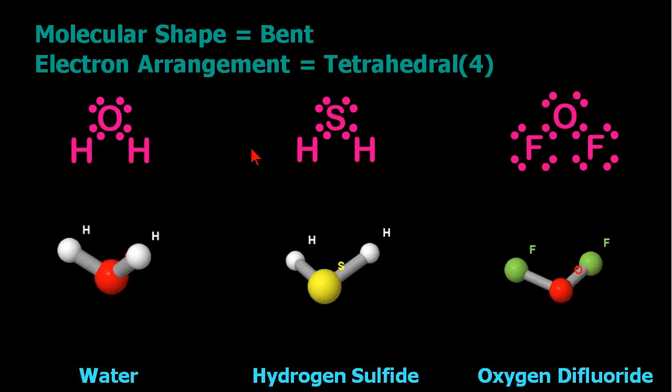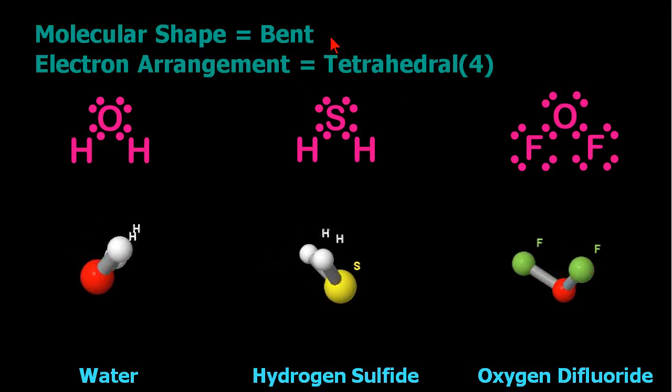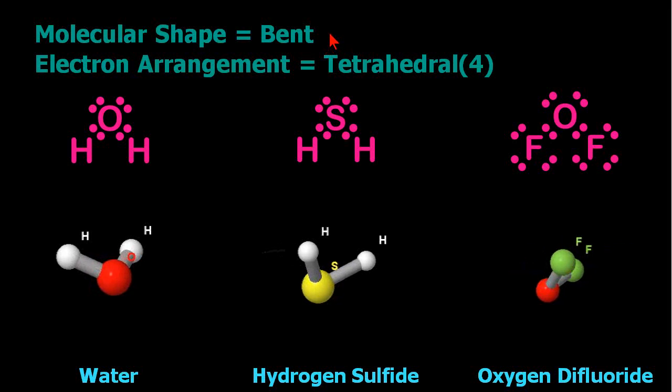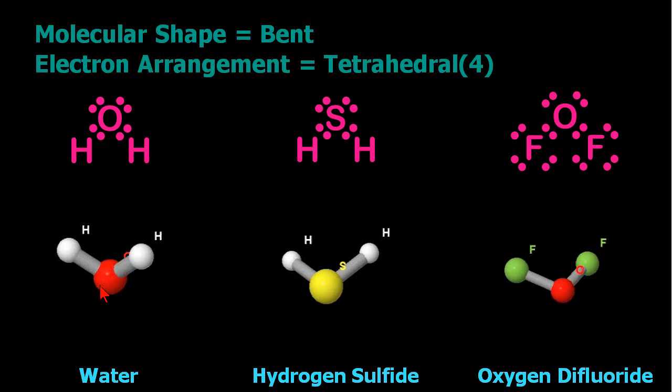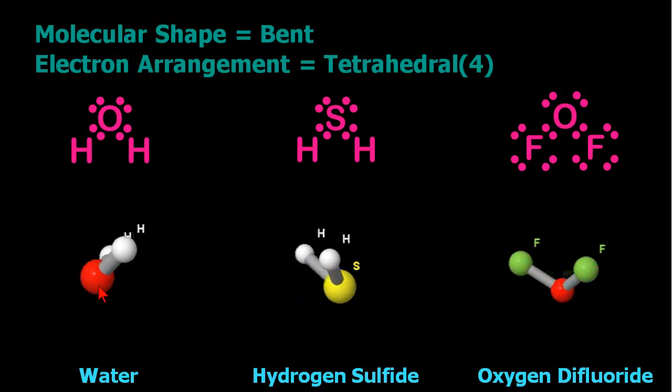The last molecular shape from the tetrahedral electron arrangement is the bent molecular shape. In contrast to the trigonal planar bent molecular shape, these atoms have 4 pairs of electrons around the central atom.